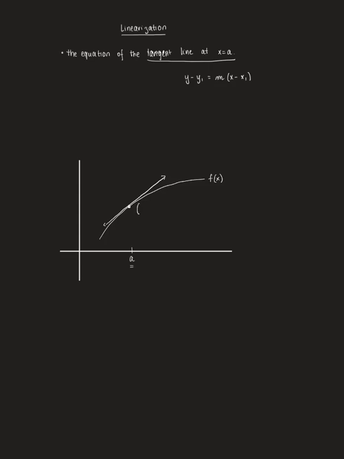So the point that we're looking at is a, and its y value is f of a, because the point lies on the function. So my y1, if we go back to the point slope equation, we can rewrite as y minus f of a. The slope m is the derivative, because the derivative is the slope of the tangent line at that point. And then we have x minus a, which is the x value. I'm going to add f of a to both sides of this equation.